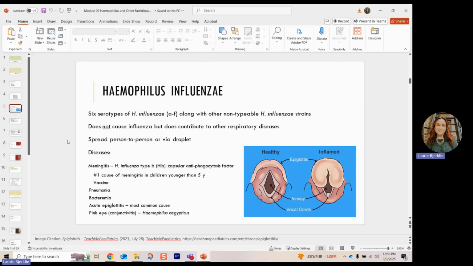The epiglottis is at the back of your throat, and it's like a little flap that covers your airway. When you swallow food, it will close over the airway so you can swallow, or it'll open up. That's the epiglottis.